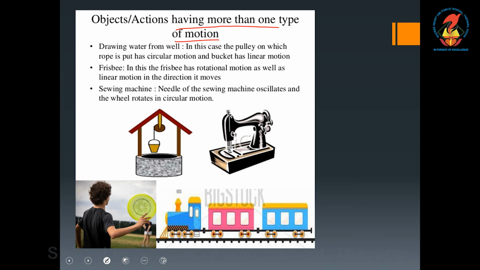So, when you draw water from a well, the pulley on which the rope is put has circular motion, but the bucket has linear motion, which means the bucket will go in a straight line. Then this one, when you turn it, will have rotational motion and also linear motion.